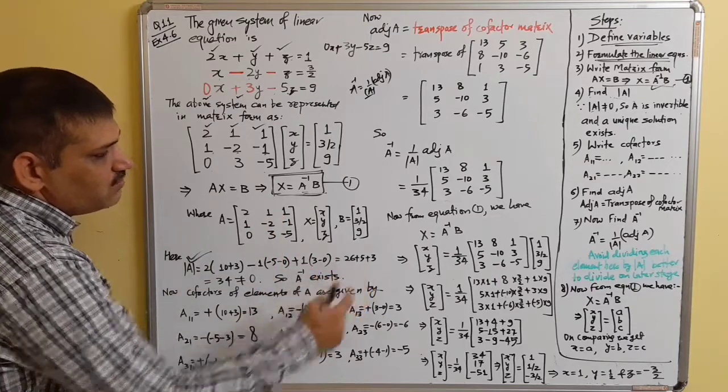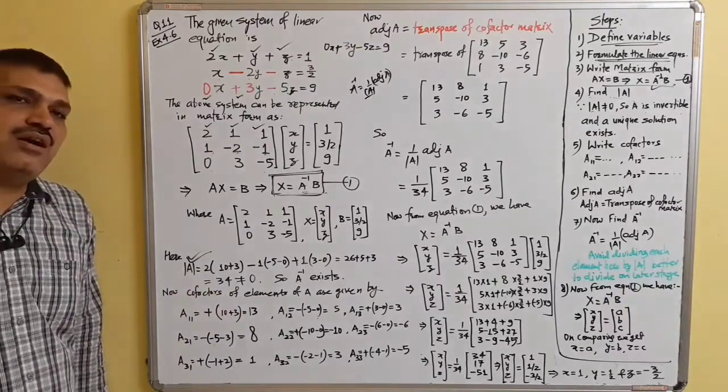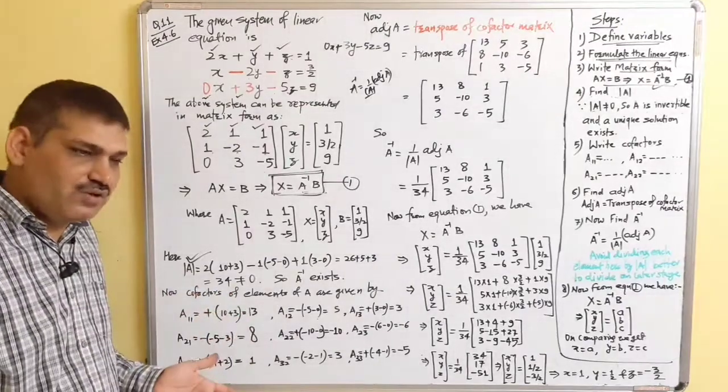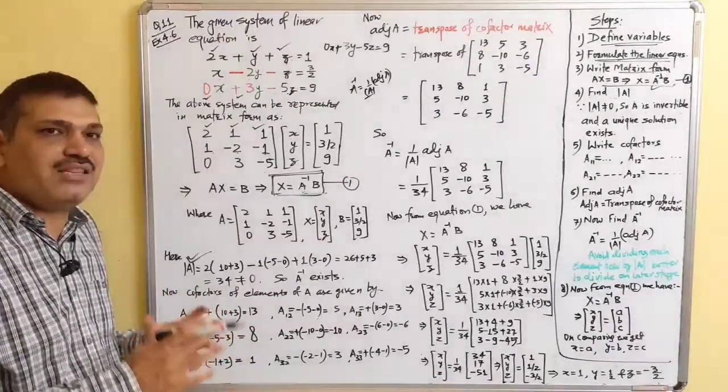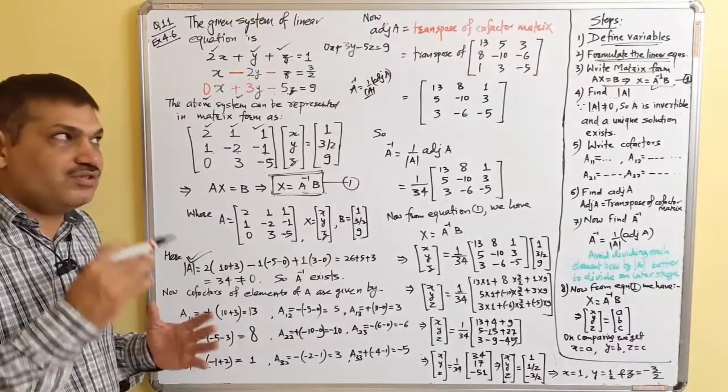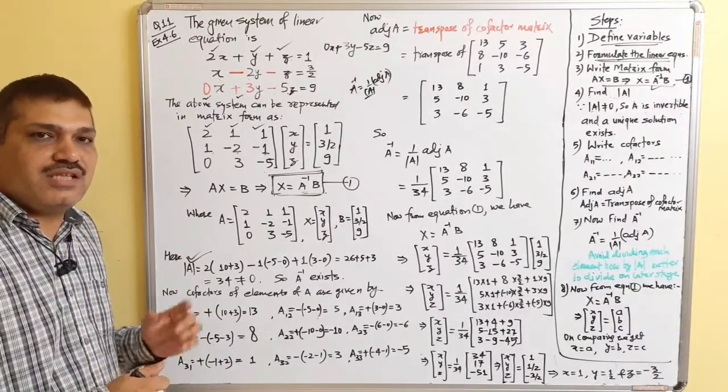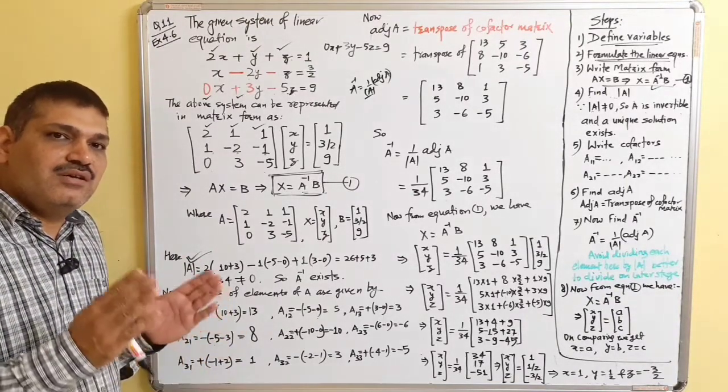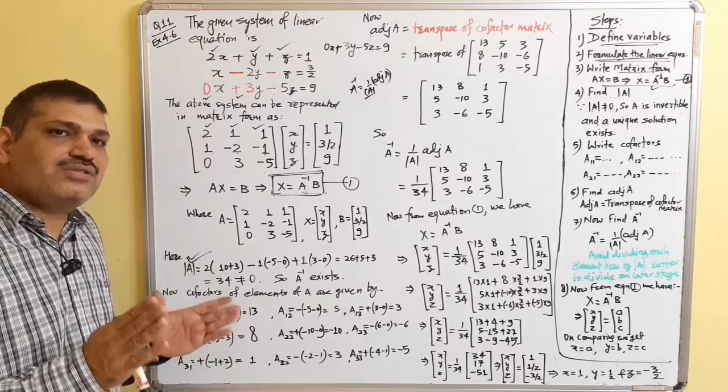That is 26 plus 5 plus 3, that is equal to 34, which is not equal to 0. So A inverse exists, the system of linear equations has a unique solution.